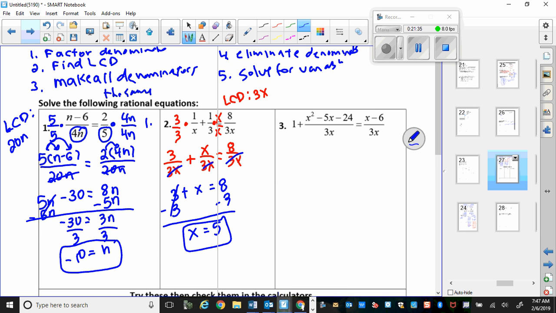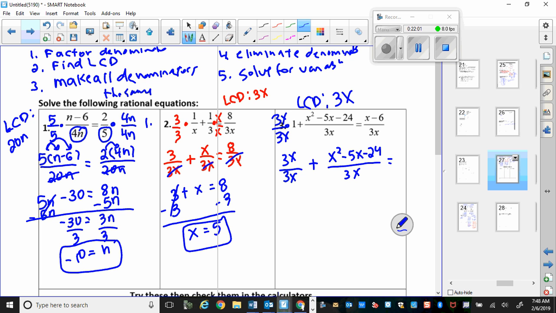Next, what do I need to have a common denominator? I need 3x all the way across, so my lowest common denominator here is 3x. So I'm just going to create a fraction here and multiply it times 1. What I end up with is 3x over 3x plus x squared minus 5x minus 24 over 3x equals x minus 6 over 3x.